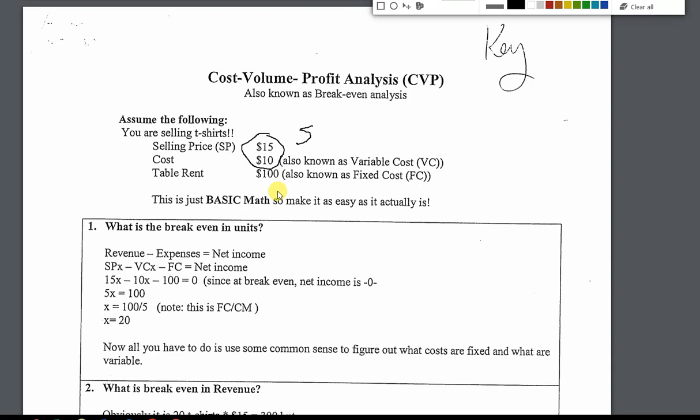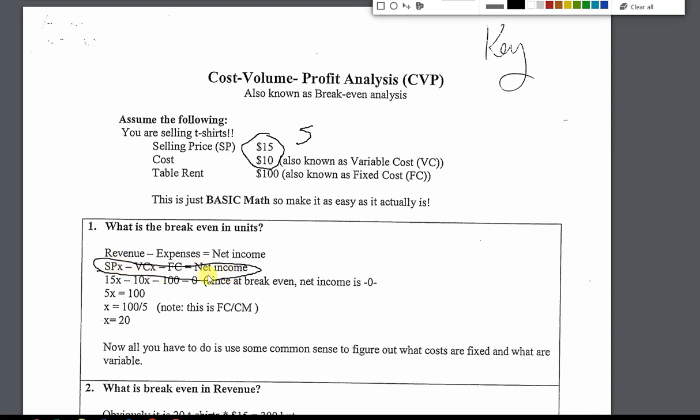So I can take my $100 divided by $5 per t-shirt, and I have to sell 20 of them to break even. You can do it the long way, but take your piece of paper and write that one down, because almost everything stems from this.